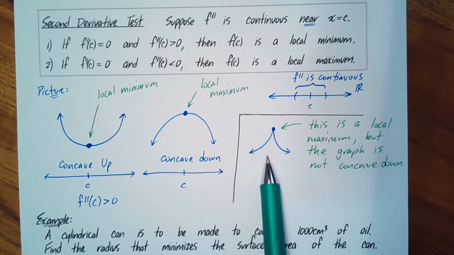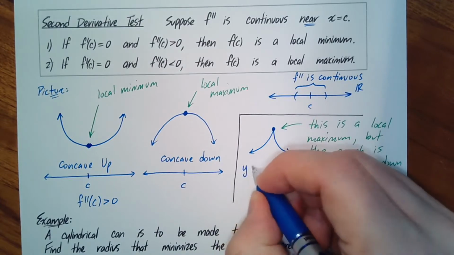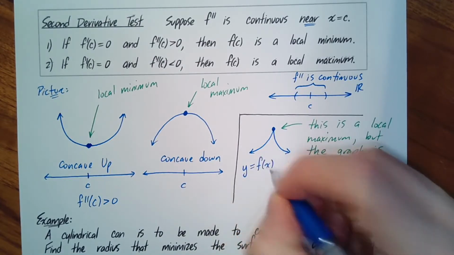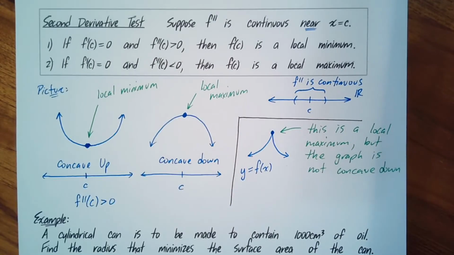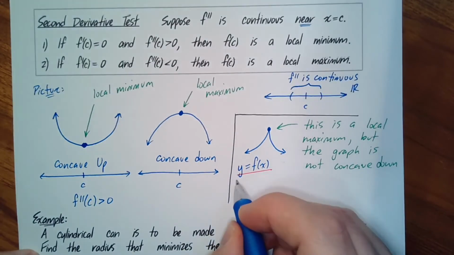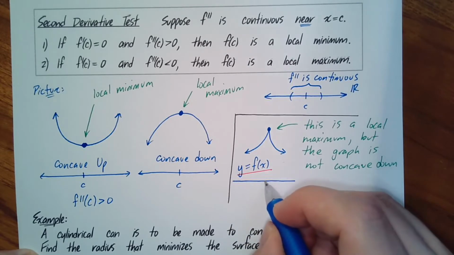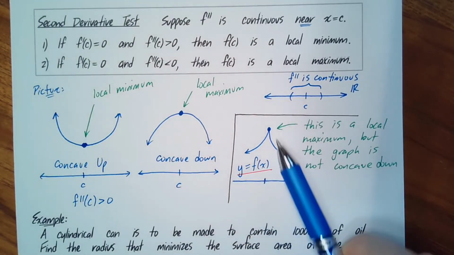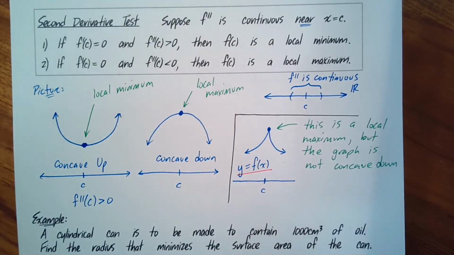So the reason that that's not a violation of the second derivative test is because the graph of this function does not have the property that, let's call this function f. So y equals f of x. And we can even go further to say that the x coordinate of this point, let's call that c.